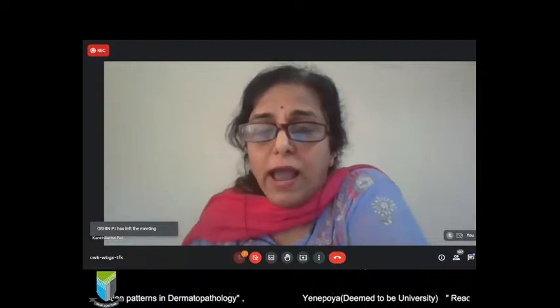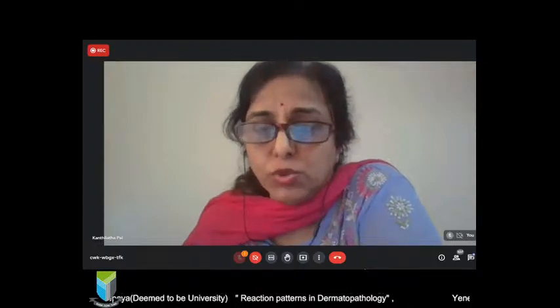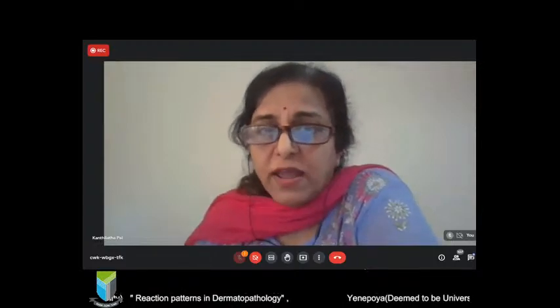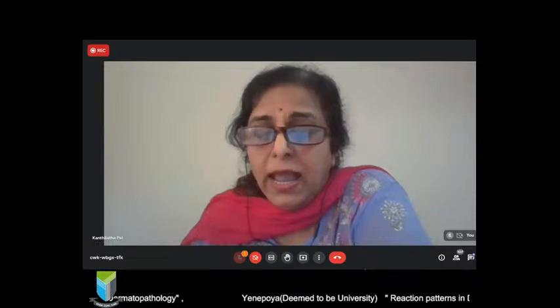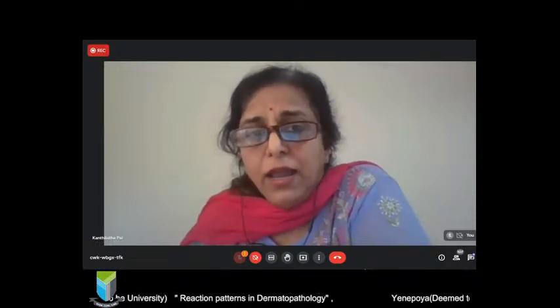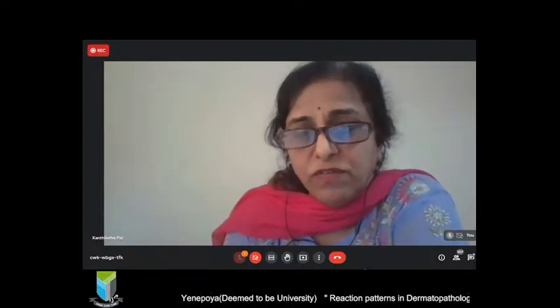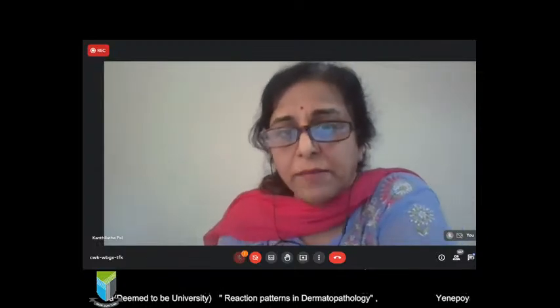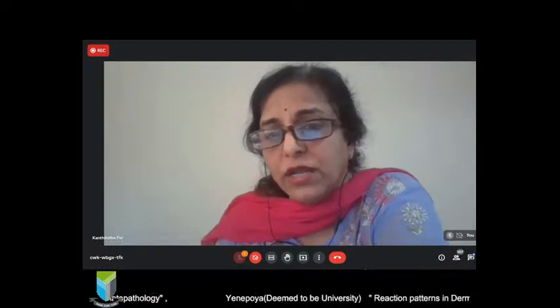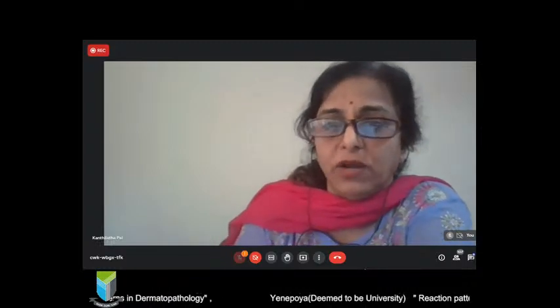Another condition where you have a lichenoid reaction pattern is Erythema Multiforme, which is usually drug-induced. And what is striking in Erythema Multiforme, along with the lichenoid features, that is basal cell degeneration and band-like infiltrate, is the presence of necrotic keratinocytes or dyskeratotic cells. You can see here along the full thickness of the epidermis, you have these necrotic keratinocytes having brightly eosinophilic cytoplasm and a pyknotic nucleus.